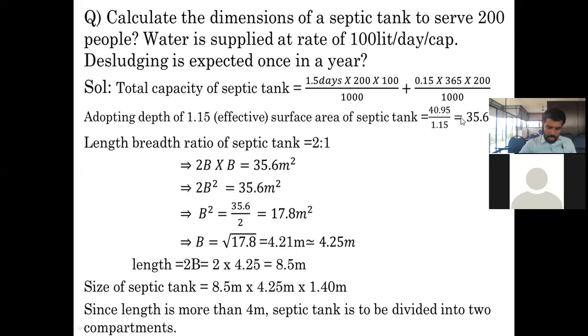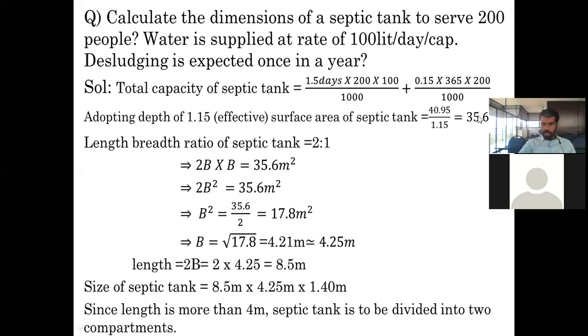So volume divided by the depth is the area. When I'm dividing 40.95 by 1.15, I will be getting 35.6 meters square. This is the surface area. So the surface area formula, if you want to write, is the volume in meter cube divided by depth.